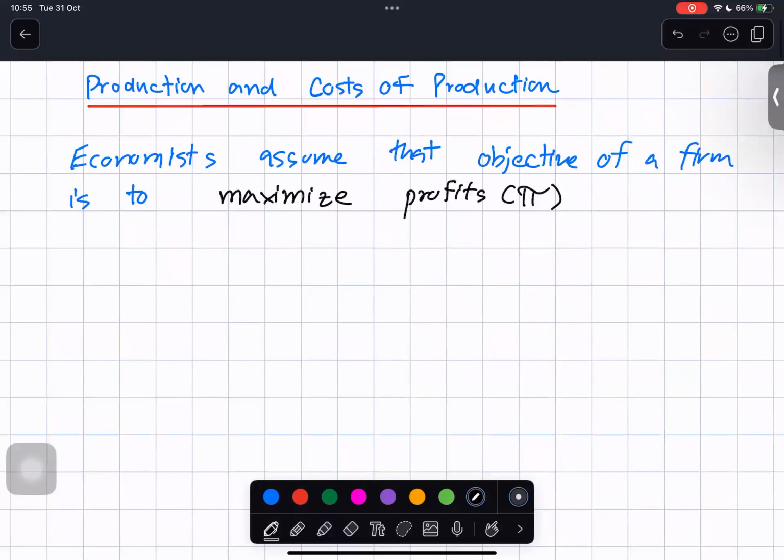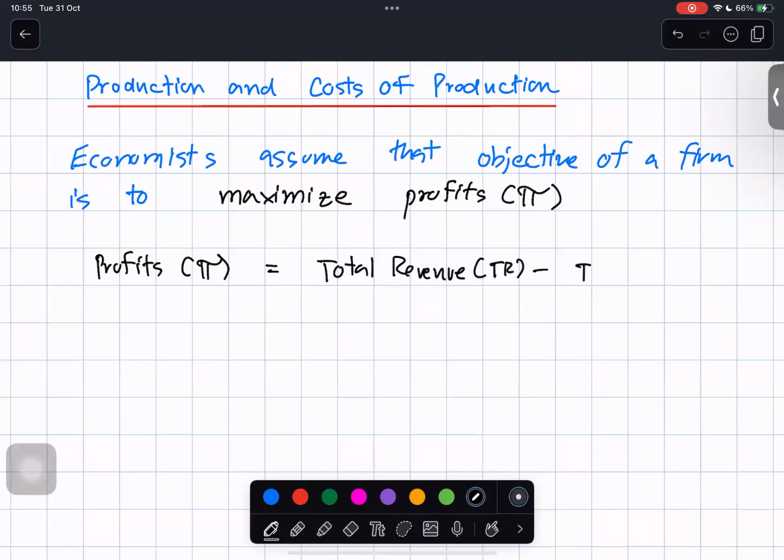And then profit is defined as the difference between total revenue and total cost. TR minus TC.